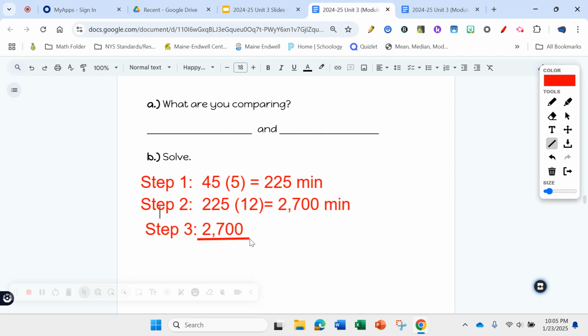How many minutes are in an hour? 60, correct? So I'm going to divide by 60 minutes. This tells me how many hours I have. 2,700 divided by 60 equals 45 hours. So it's basically how many 60 minutes I can pull out of the 2,700.